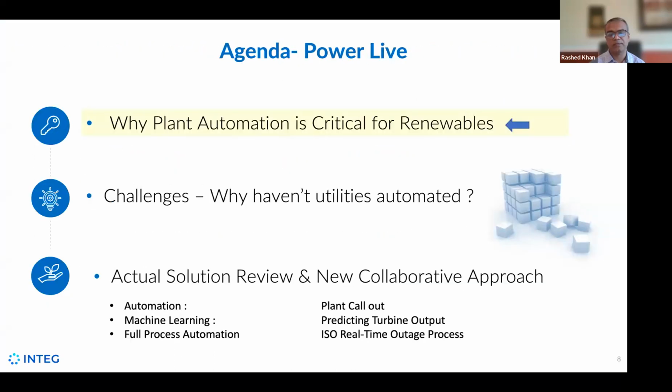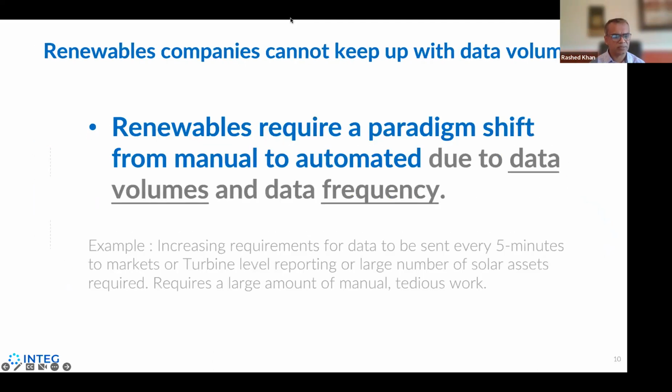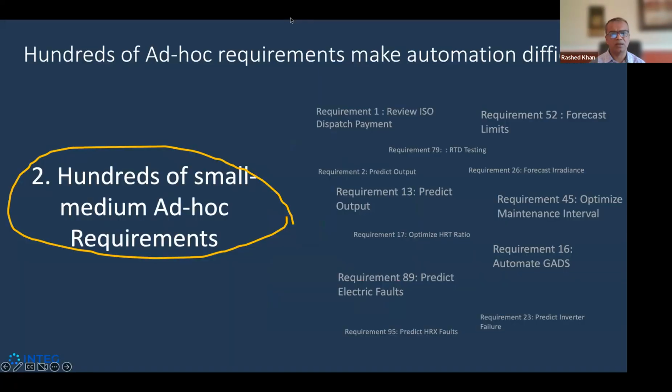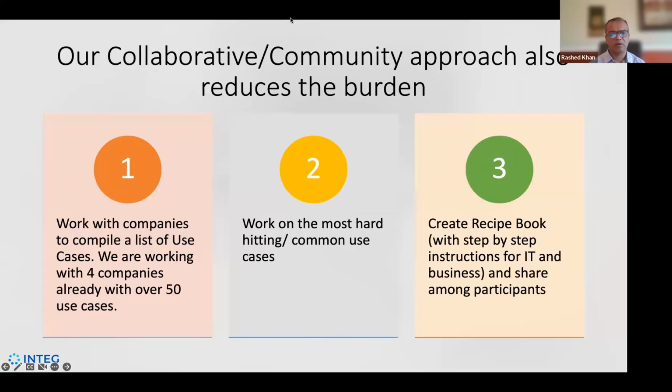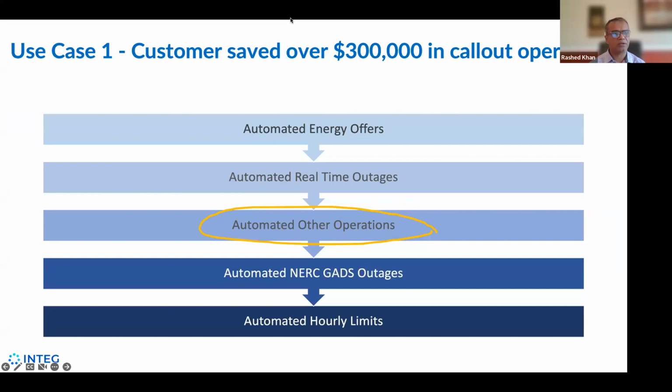So the whole idea is that for us, the renewables assets should be fully automated in terms of your limits and ticket creations, and in the next few webinars, we're going to talk about predictive maintenance. All of these things we are seeing is that if you have what we call plan to generation to the ISOs, if everything is automated, you will only get alerts if something is an anomaly within your process.